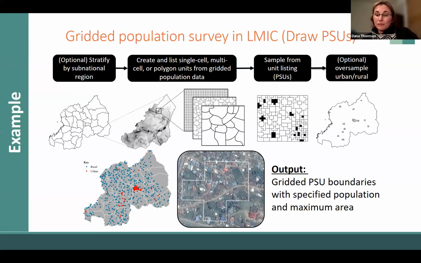But you do end up with gridded PSU boundaries with specific populations and a maximum area if you use a tool like GridEZ, which is done in a lot of surveys these days.